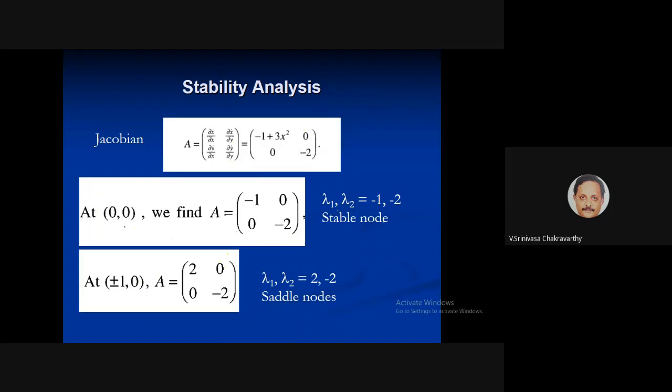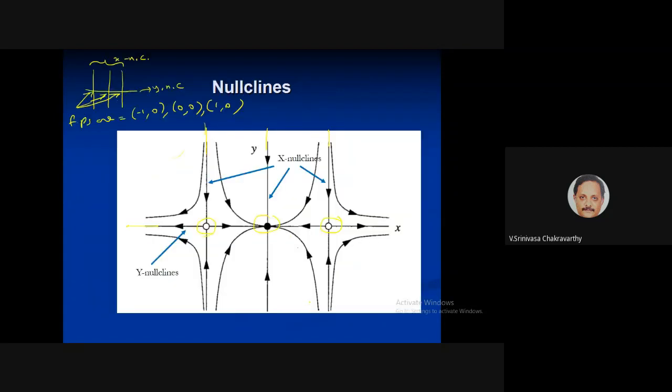So you get 2, 0, 0, minus 1. So the eigenvalues are 2 and minus 1. So they are saddles. From this, we can find out that the fixed point at the origin is a stable node, and the fixed points at minus 1, 0 and 1, 0 are both saddles.